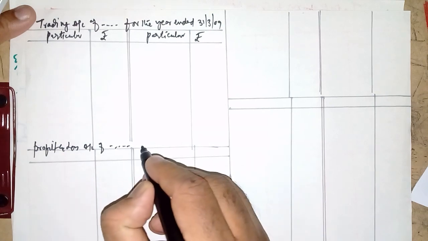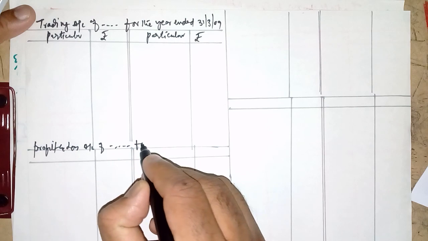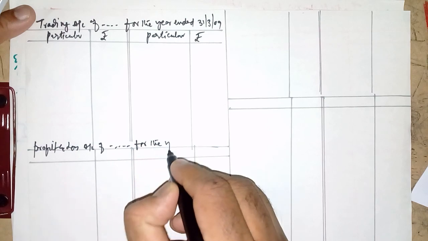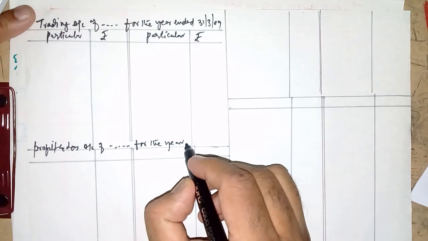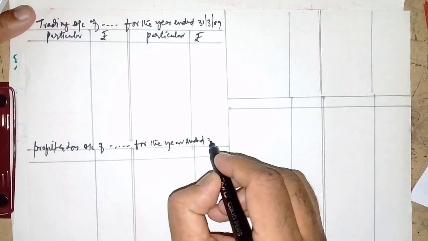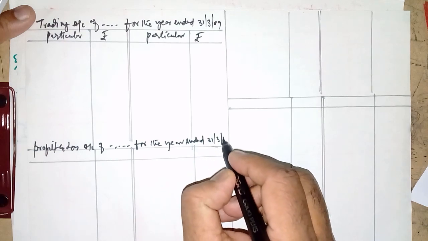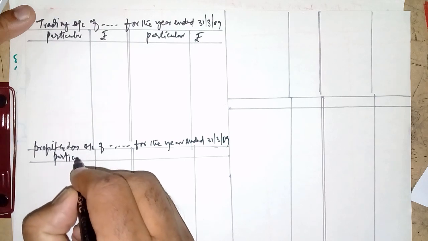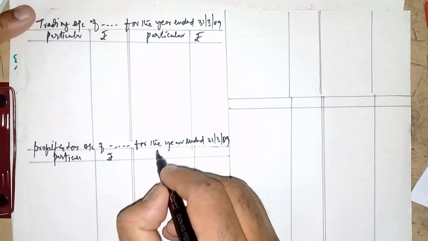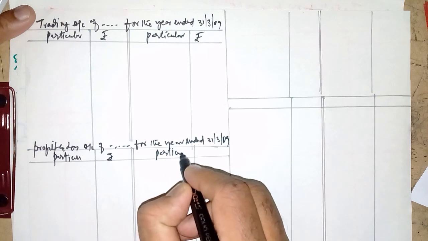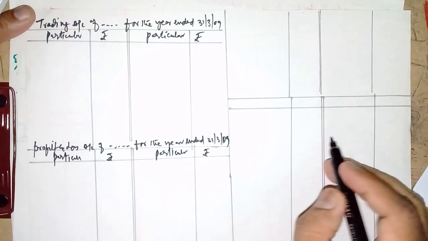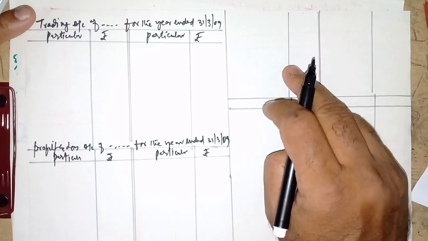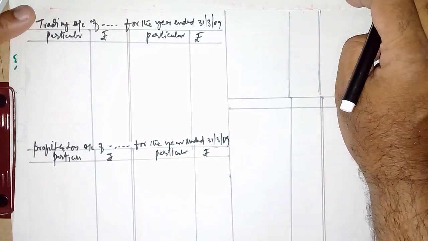the firm, whose name is not mentioned, so I'm keeping dots here, for the year ended 31/3/09, with the same particulars and rupees columns. I am extending the account here also.